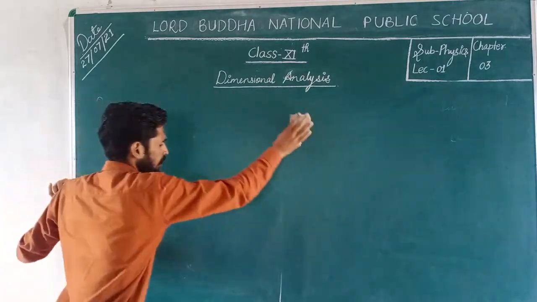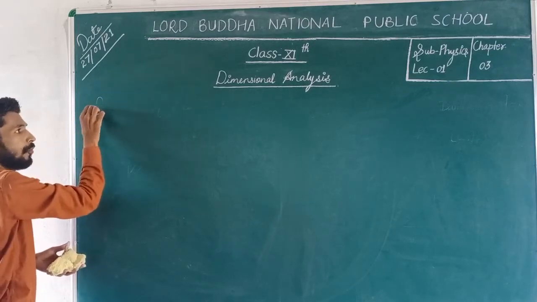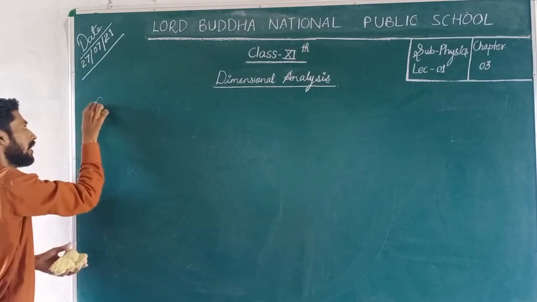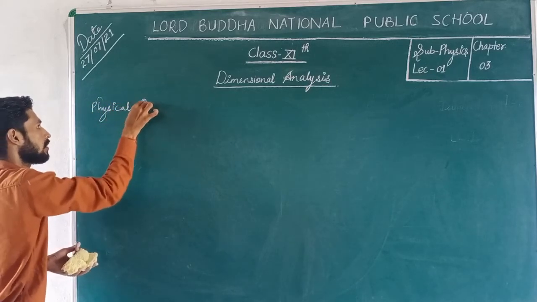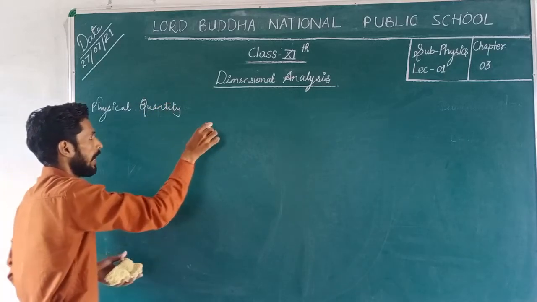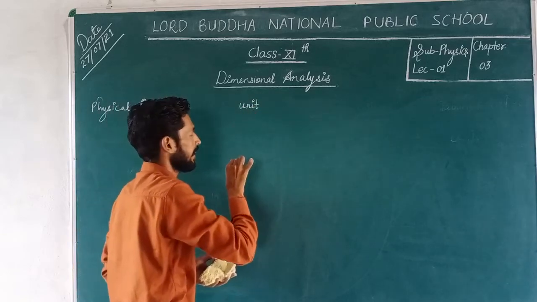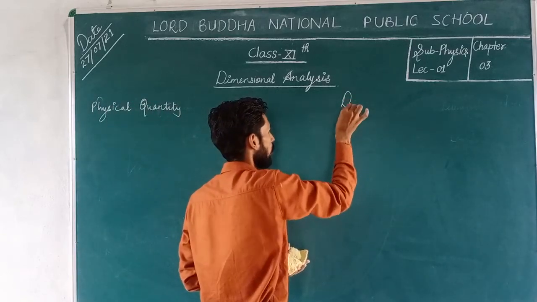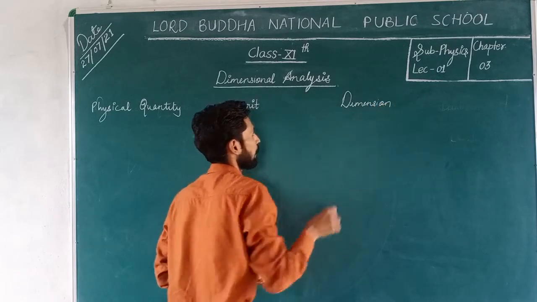Now here we are writing that physical quantity and index bracket, index column, their unit, and now we will find the dimension.